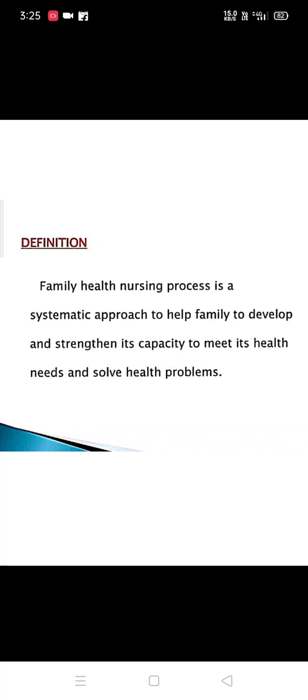Now, moving towards the phases or steps of the family health nursing process. As we already know, in nursing foundation we have studied, I hope so, there are mainly 5 steps or 5 phases.